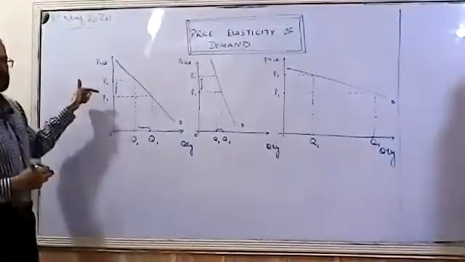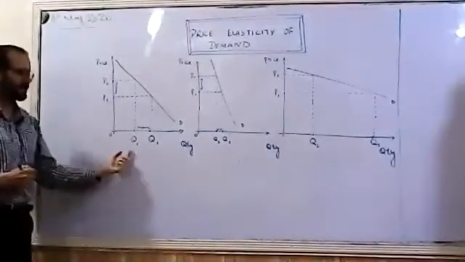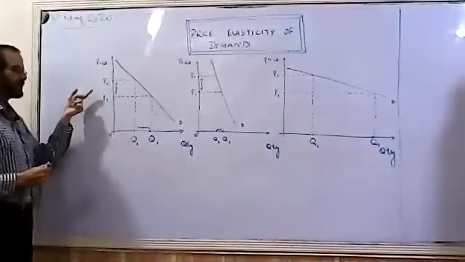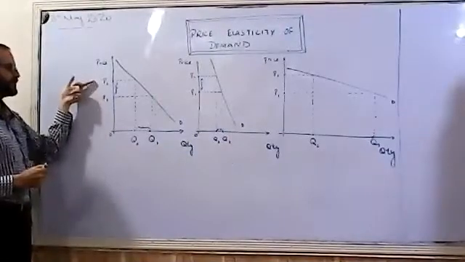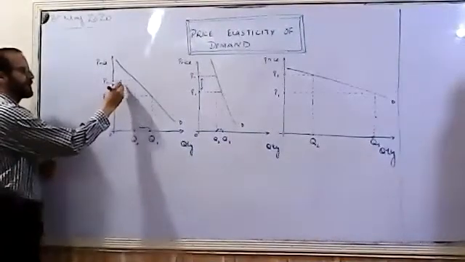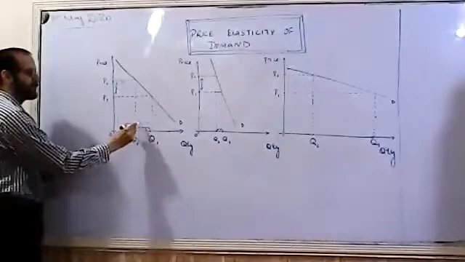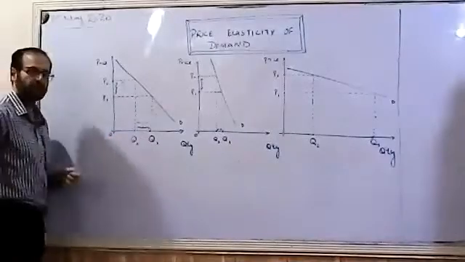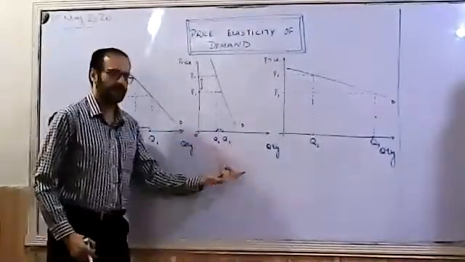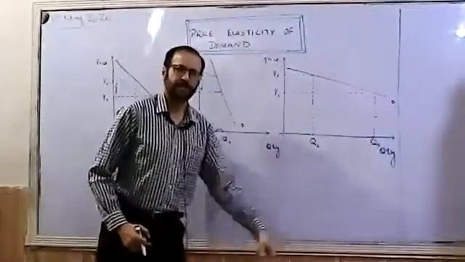I have symbolized them with the letters P and Q. You could see that if the price increases from P1 to P2, it's very natural that quantity is going to reduce from Q1 to Q2. The same is happening in diagram number 3.